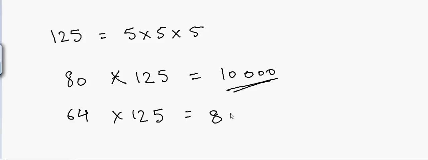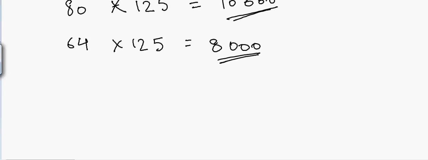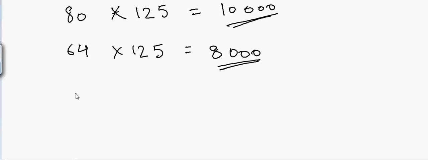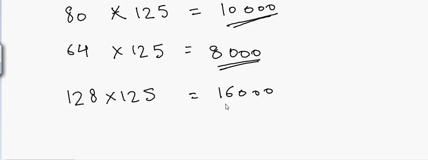So it will be 8000. And let's take another example, 128 by 125. In this case, 128 divided by 8 is 16, and then we put 30 in the end. So that is our answer.